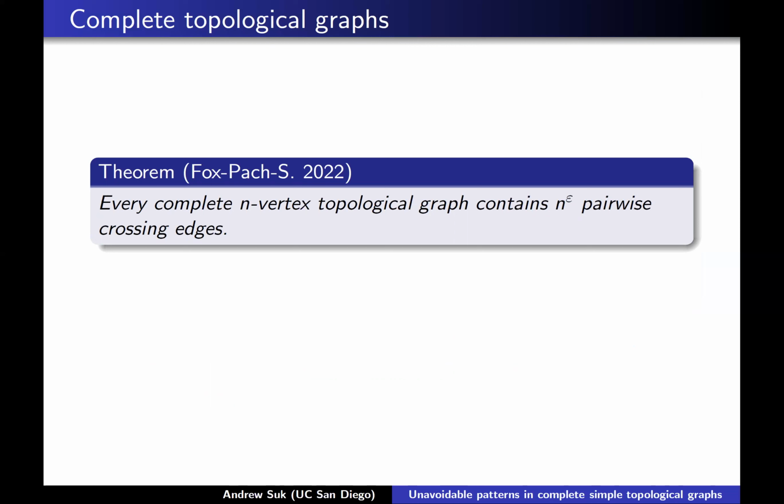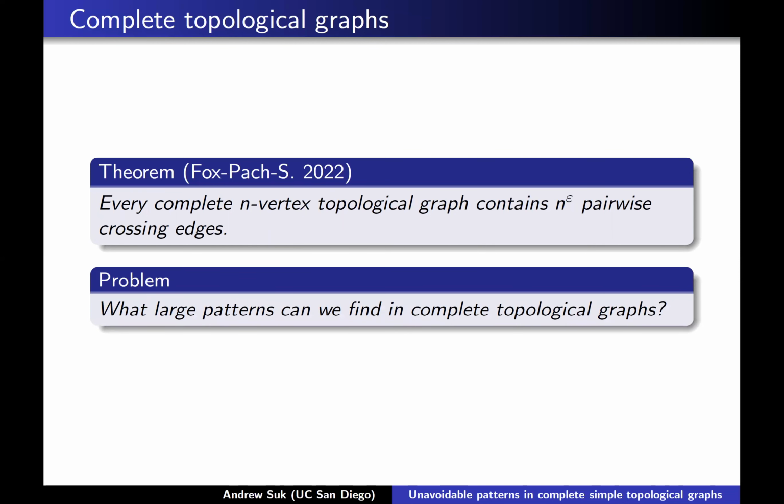So in particular, no matter how you draw the complete graph in the plane, you're guaranteed to have this unavoidable configuration, which is this matching of pairwise crossing edges. And so more recently, what me and my student have been thinking about is what other large patterns can we find in complete topological graphs?